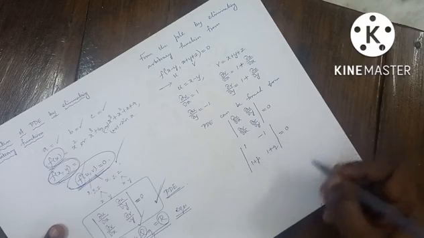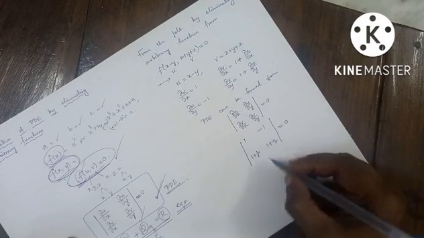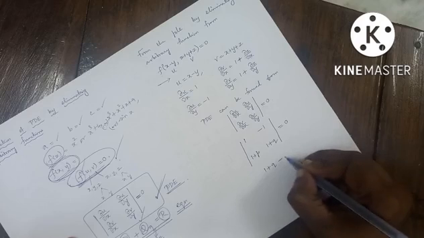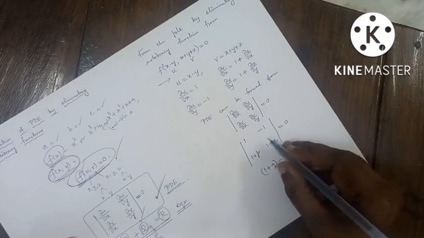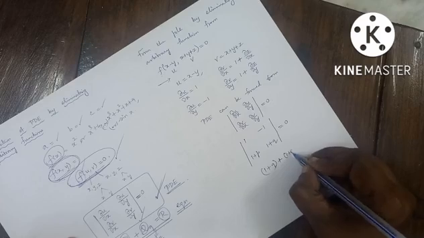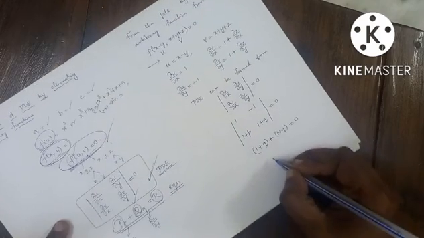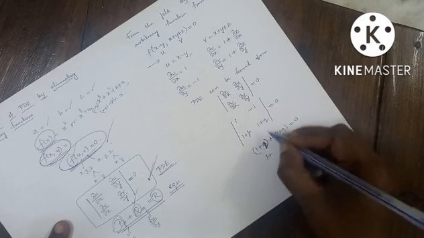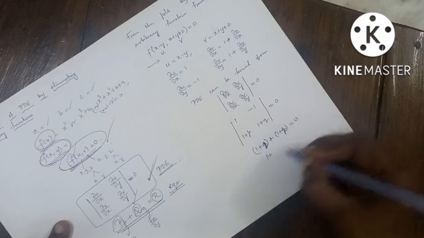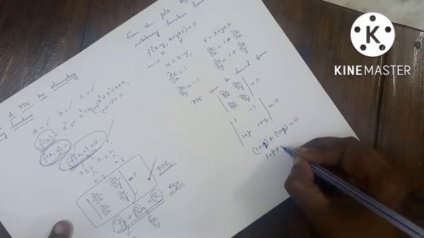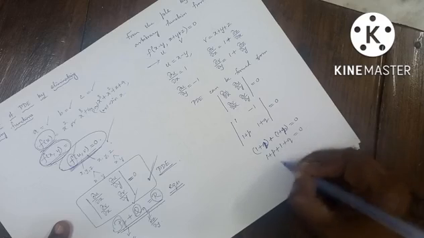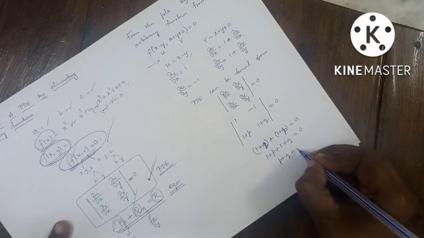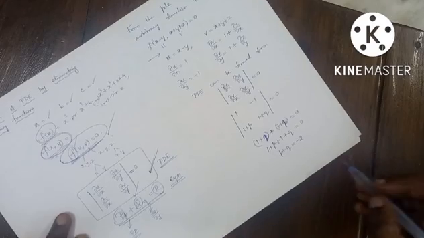We know the notation. Cross multiply: 1 plus q minus of minus 1 times 1 plus p equals 0. Which is 1 plus q plus 1 plus p equals 0. So p plus q equals minus 2.